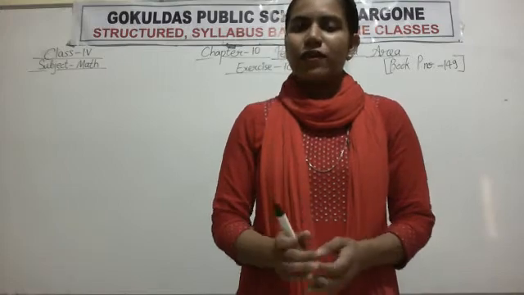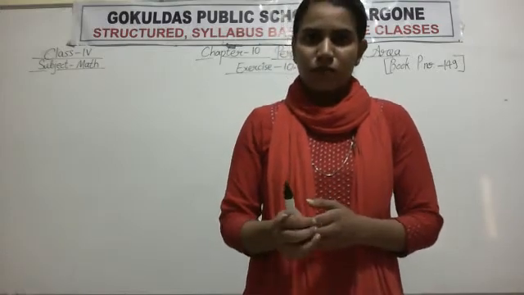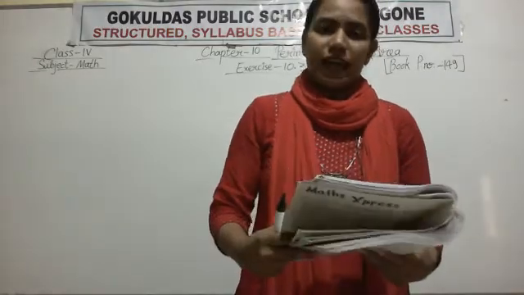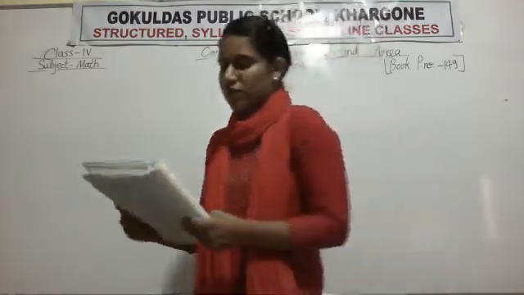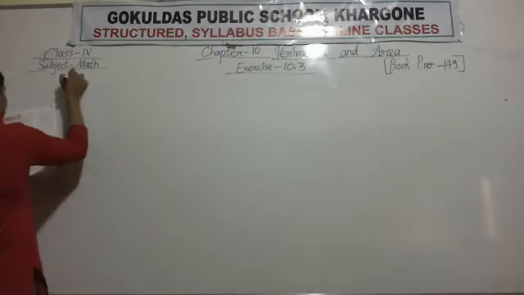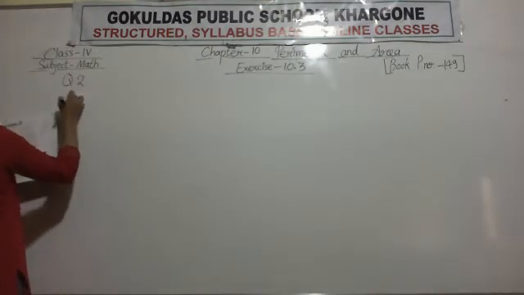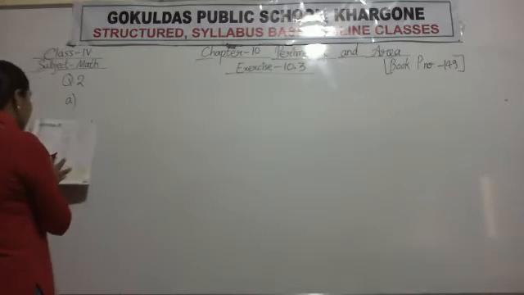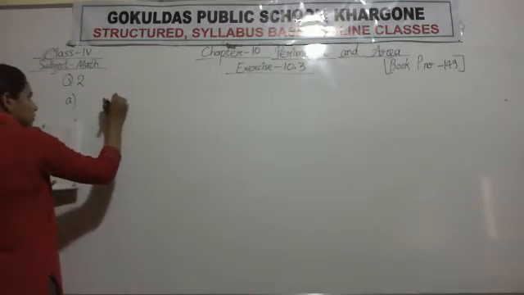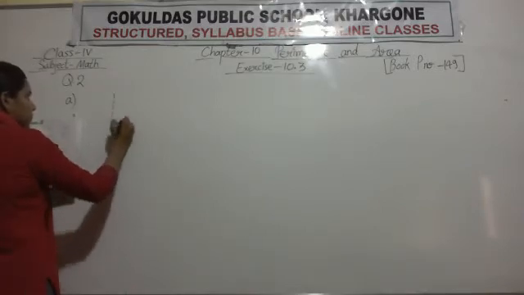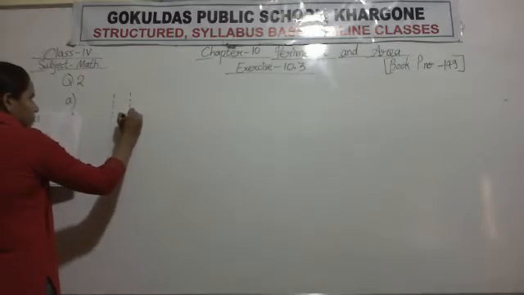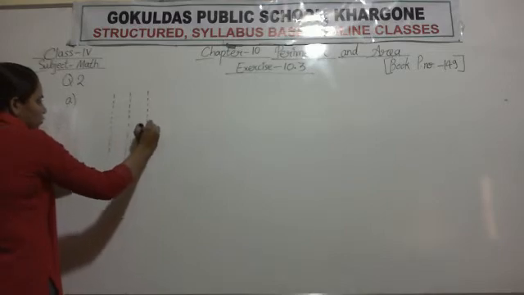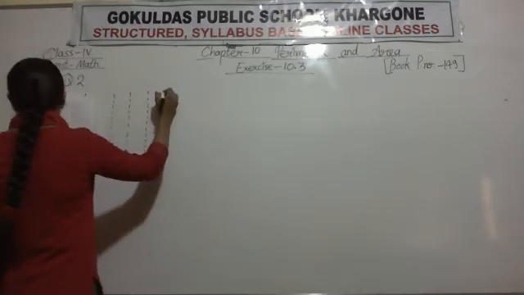Then in the end we find the sum of all these squares, and this is how we calculate the area. So let us do this question. It is the same as question number 1. Let me draw the figure first. Till then you try to count by yourself.